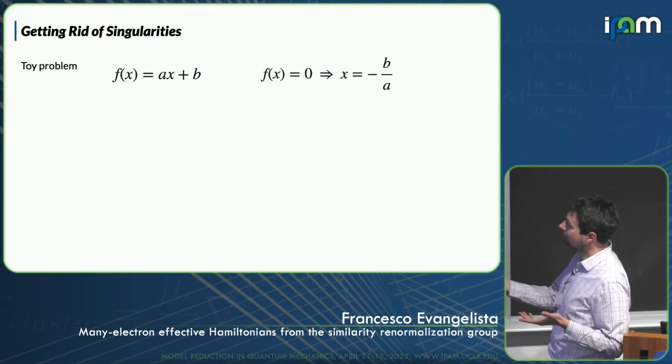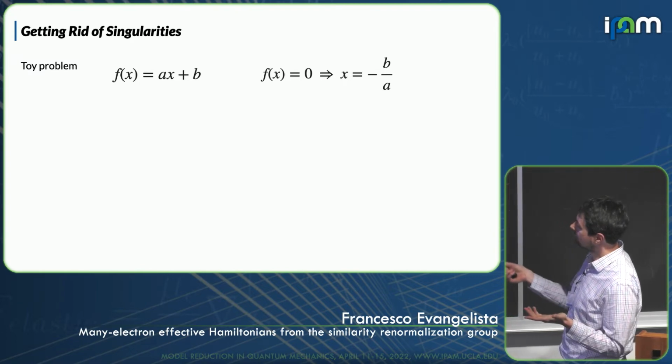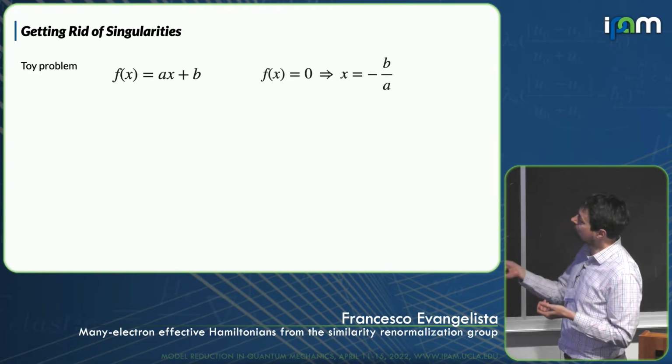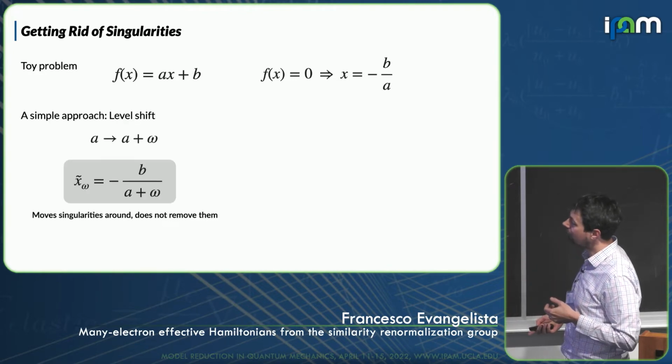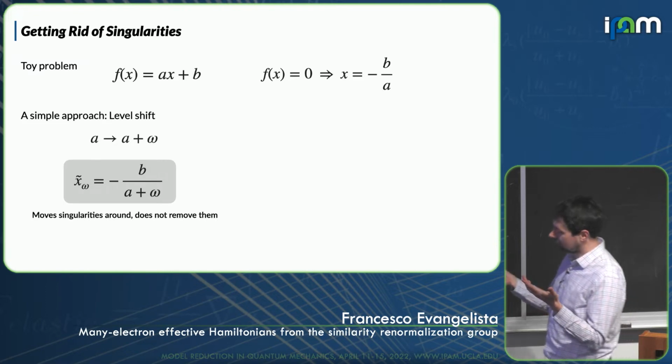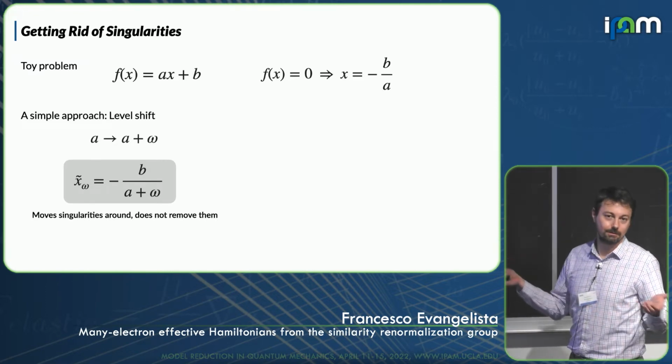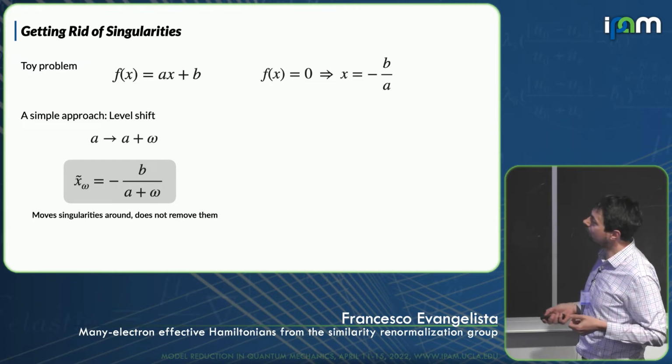So let's take the linear equation f of x, and let's find the zero. And of course, I can write the solution down here. Now, this is the type of equation that we solve in perturbation theory. And the singularities, as we see, appear when a equals 0, or can cross 0.